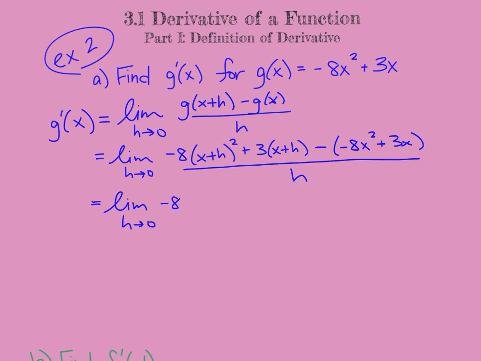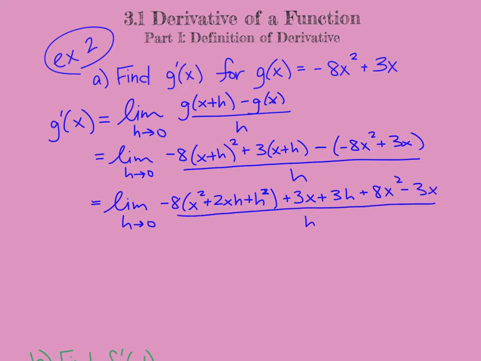All right, the x plus h squared is x squared plus 2xh plus h squared. Then I'm going to distribute the 3 through, 3x plus 3h. Then we're going to distribute the minus sign through, so we'll have plus 8x squared minus 3x, and again we're still all over h.